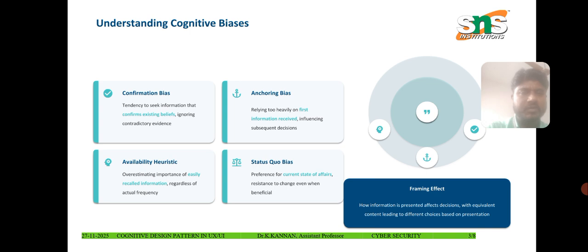Availability heuristic is overestimating the importance of easily recalled information, regardless of actual frequency. Status quo bias is preferring the current state and showing resistance to change even when it is beneficial. The framing effect is how information is presented affecting decisions, with equivalent content leading to different choices based on presentation.